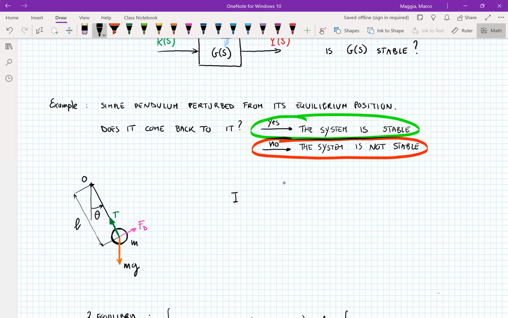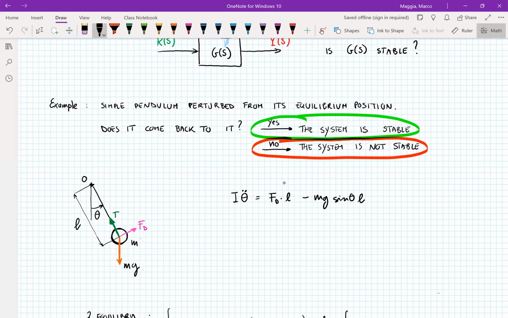The equations of motion start by writing down the inertia of the pendulum I times the angular acceleration theta double dot, and this is equal to all the external moments. So we have Fd times L minus mg sine of theta L, that is the contribution of the force of gravity.